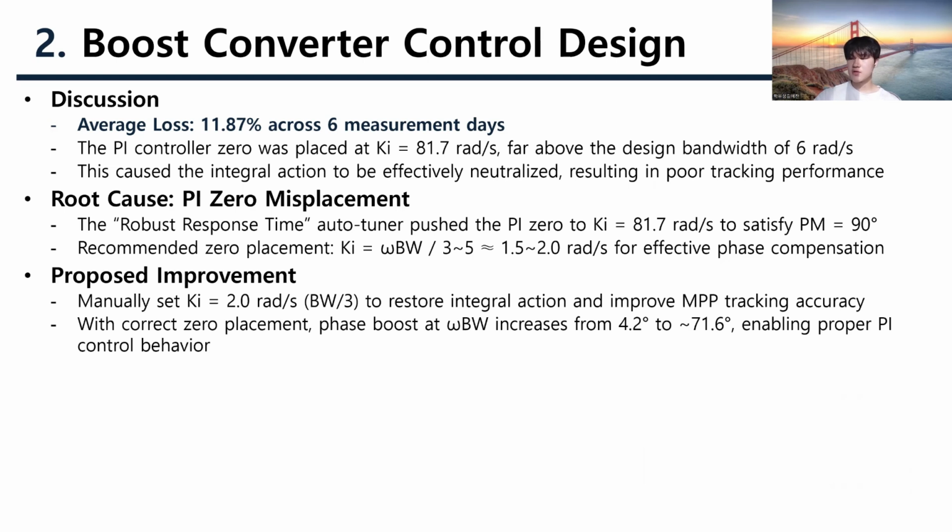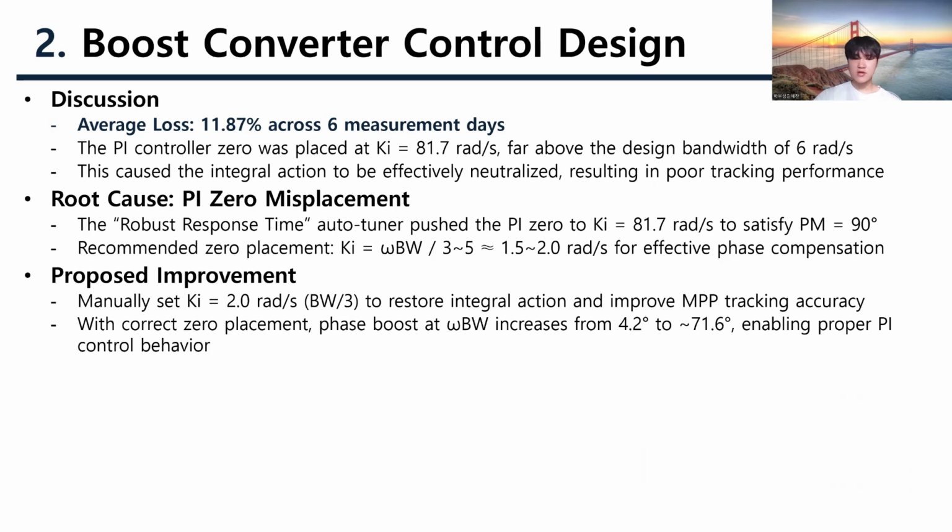At this position, the phase boost at the crossover frequency increases from 4.2 degrees to approximately 71.6 degrees, enabling the PI control to function as intended. With this correction, we expect a significant reduction in tracking losses and improved MPPT performance under varying irradiance conditions.